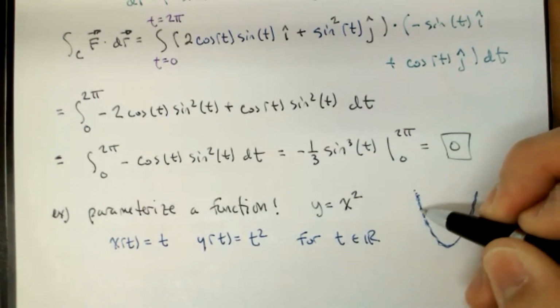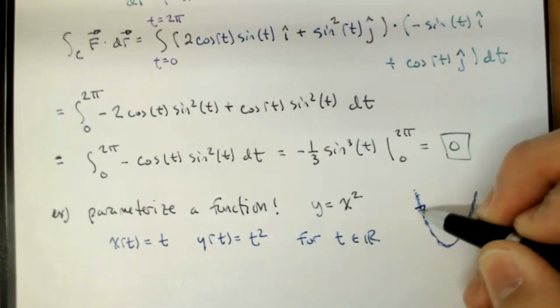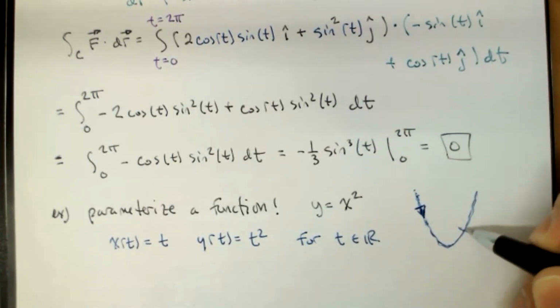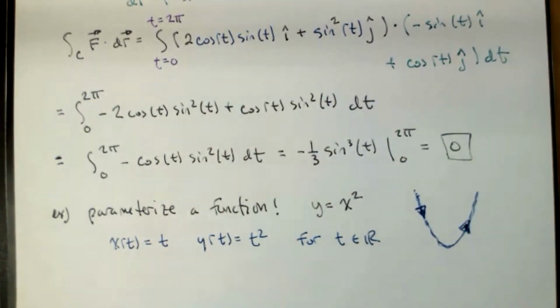When t is negative infinity, we'll be on this side. And when t is positive infinity, we'll be on this side. So this is the orientation of that curve. It's just following along the standard x goes from left to right.